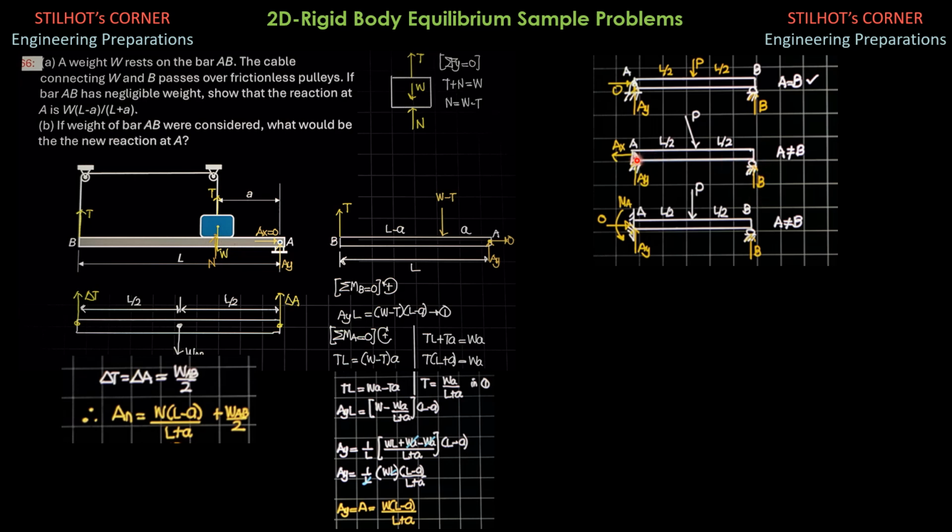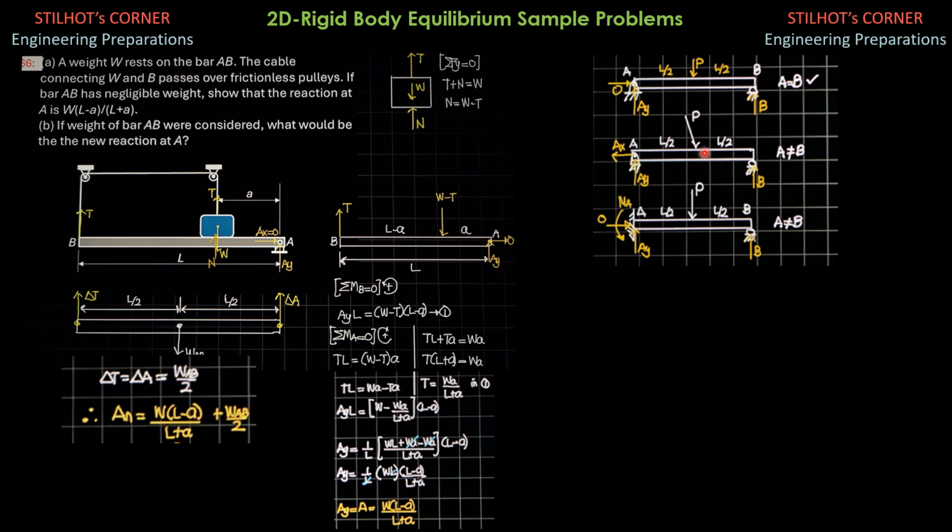So reaction at A would be up to the left, reaction at B would be upward. The fact that they are not in the same direction, they are not parallel. Therefore, the reaction at A is no longer equal to that at B.